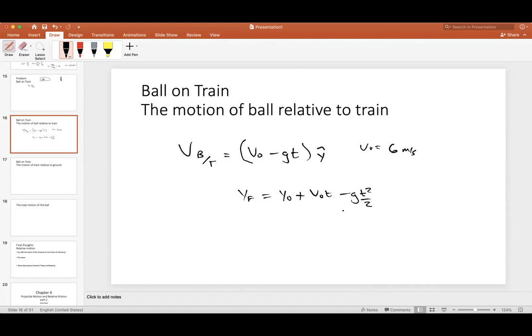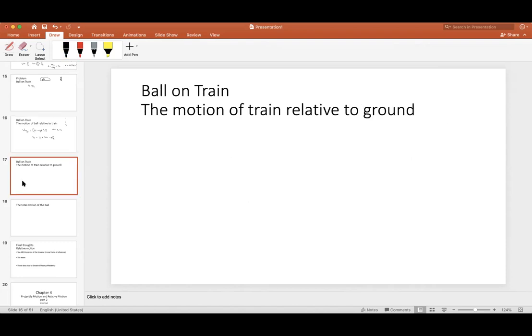And that will give us y at any time. But the velocity of the ball in the train, all it's doing is going up and coming down, going up and coming down. That's it, right?